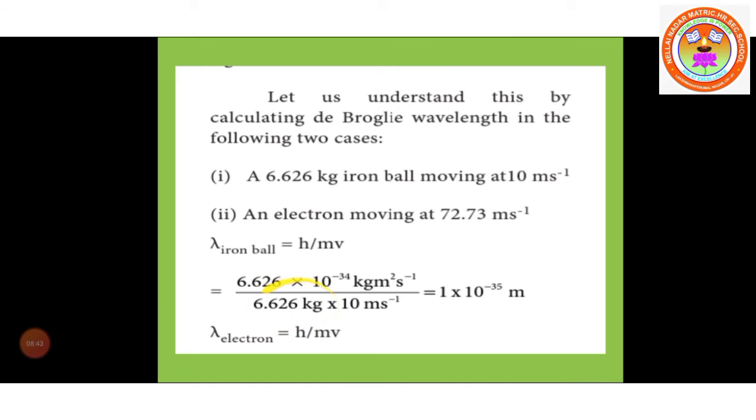So what is the mass of the iron ball? 6.626 kilogram. Then velocity, the moving speed is 10 meter per second.